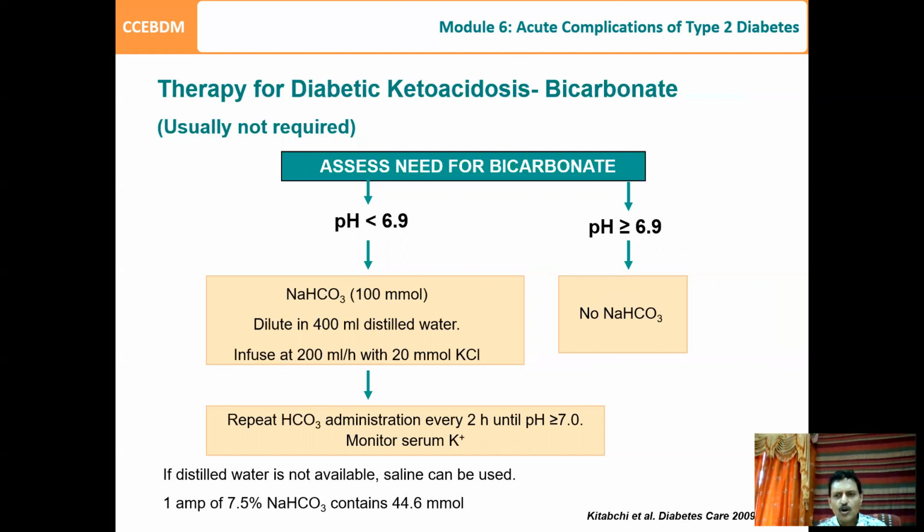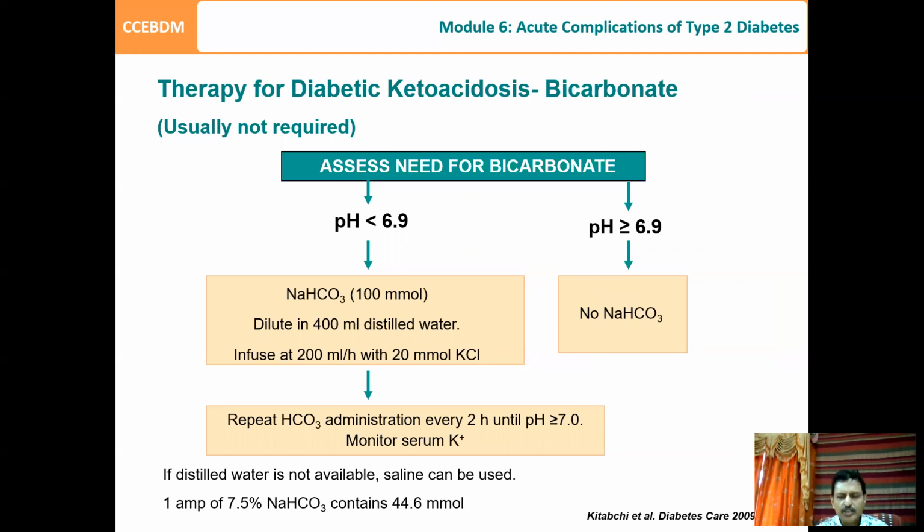So calculate only the last 6 hours. 2 units per hour is the average. If it is 2 units per hour, it means in the whole 24 hours, the patient will require 48 units of insulin. So 24 into 2, 48 units. 80% of this total calculated dose should be given as the subcutaneous dose.